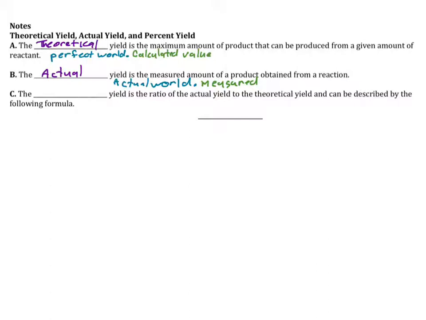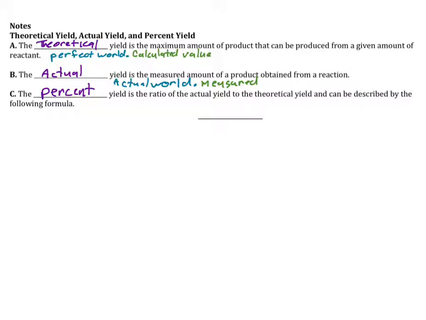Then what we can do is calculate the efficiency of the reaction, the efficiency of the process. And we can do that by calculating the percent yield. The percent yield is a ratio of the actual yield and the theoretical yield.